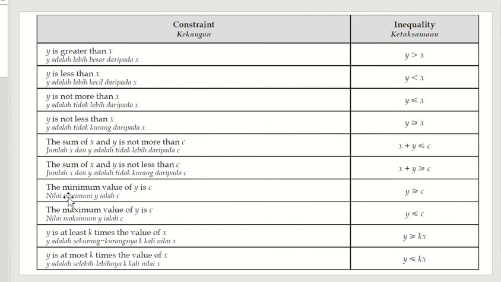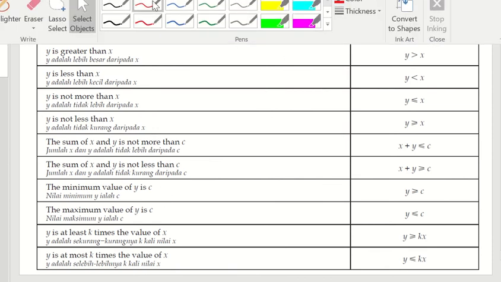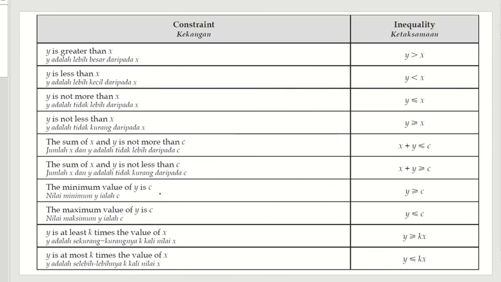Then you see this, the minimum value of y is c. How are we going to know which symbol to use? For example, say it is equal to 10. You can test like this. For y, what value can we put?